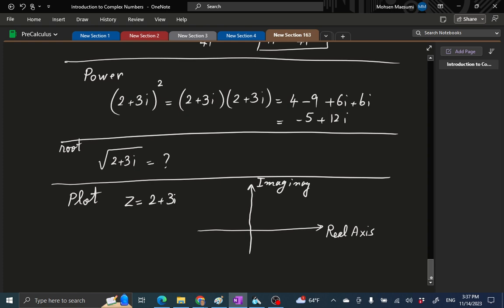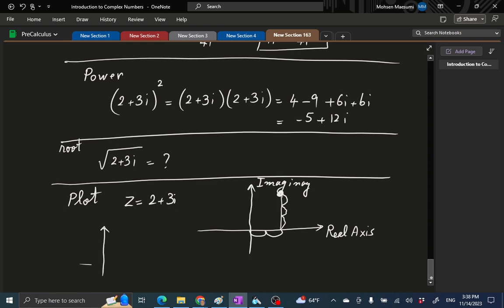So when we say 2 plus 3i, it means go 2 steps to the right, and then 3 steps up, well, perhaps taking better steps than what I drew. So this is the same as the location (2, 3) we are used to from the Cartesian plane. We're just labeling it in a new way.